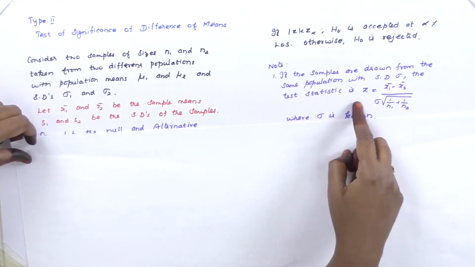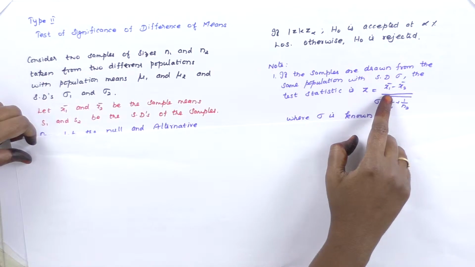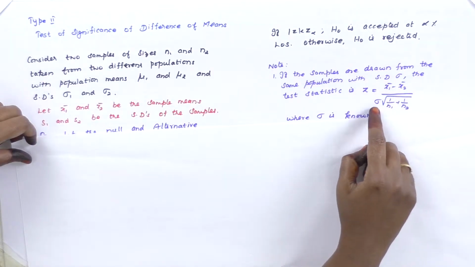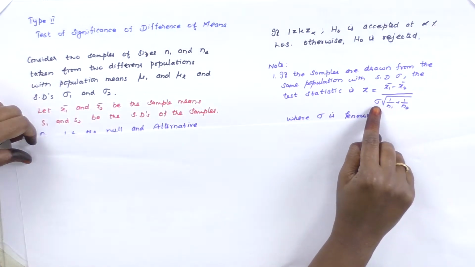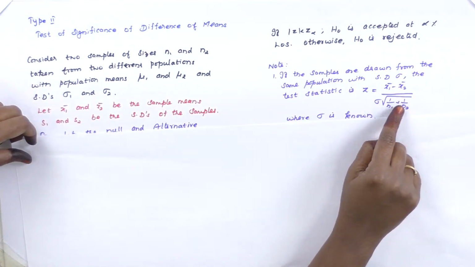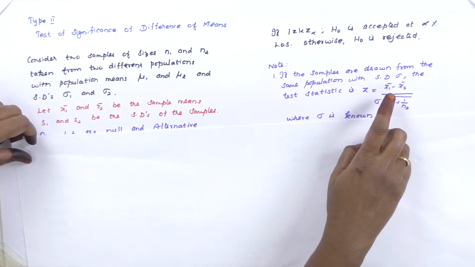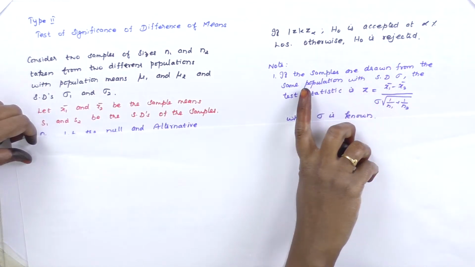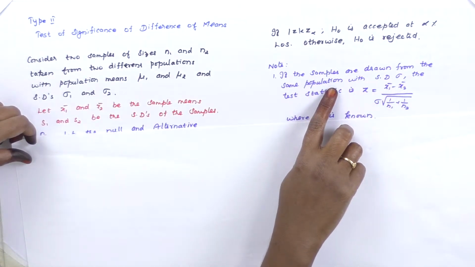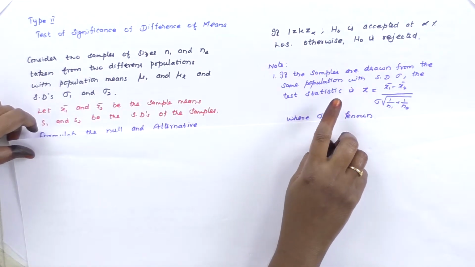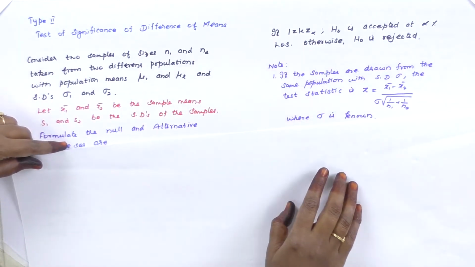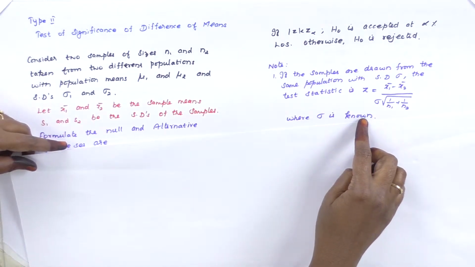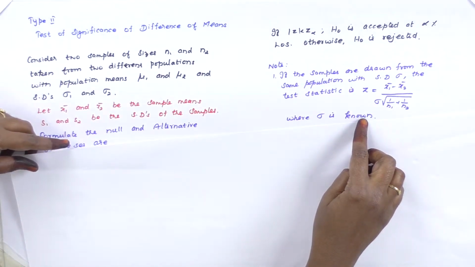The test statistic is Z equal to x1 bar minus x2 bar divided by sigma into the square root of 1 by n1 plus 1 by n2. Here sigma is common for both samples, since both are drawn from a single population where sigma is known.